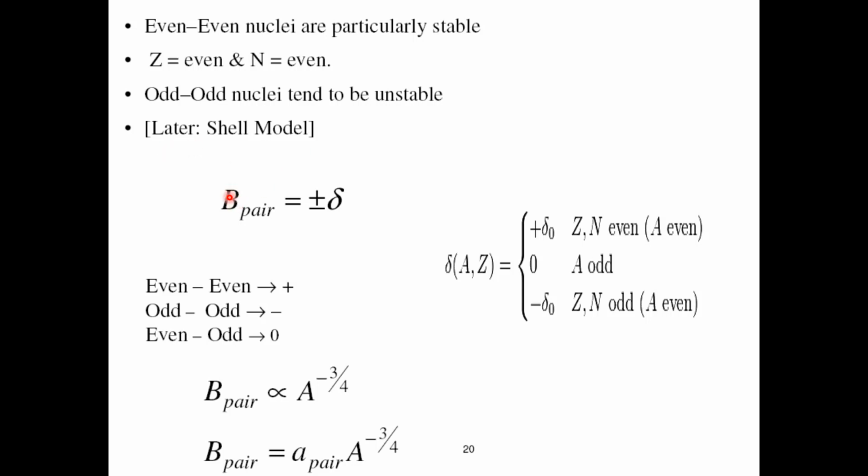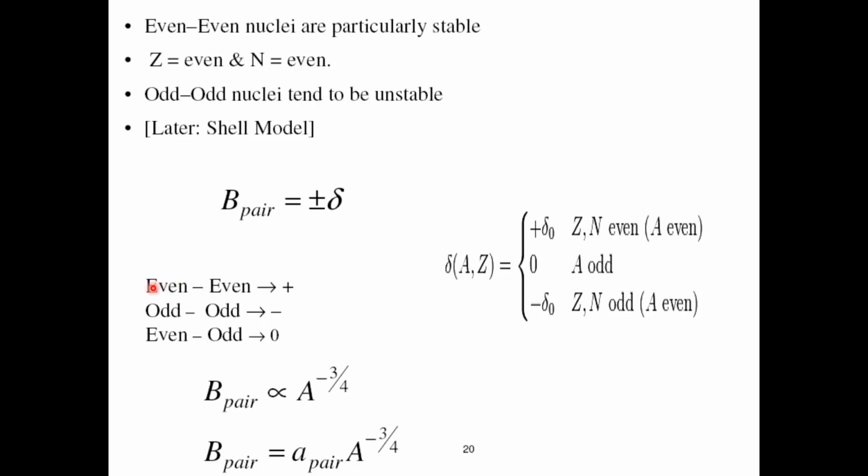So the pairing term in this particular condition will be equal to plus or minus delta. Plus or minus delta basically depends upon the total number of nucleons and the total number of protons. So what does it mean?